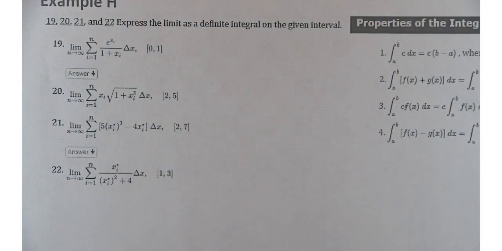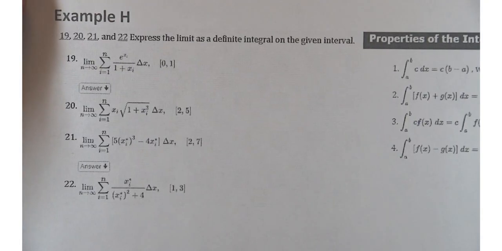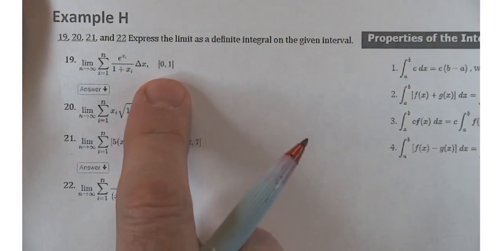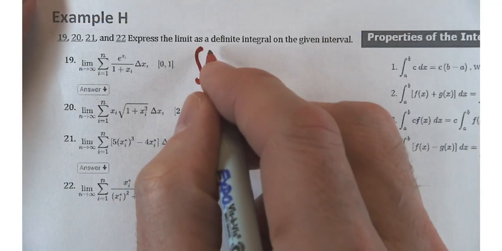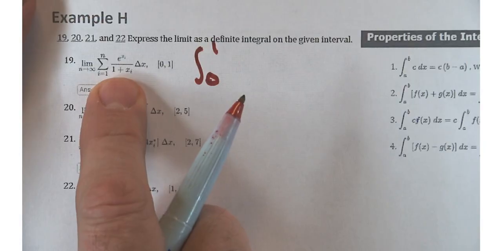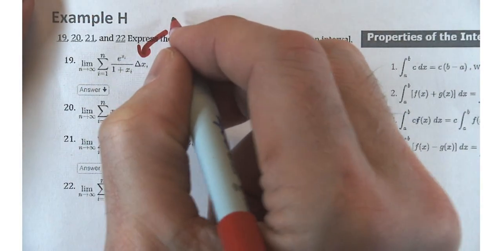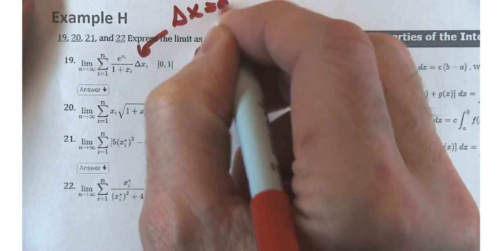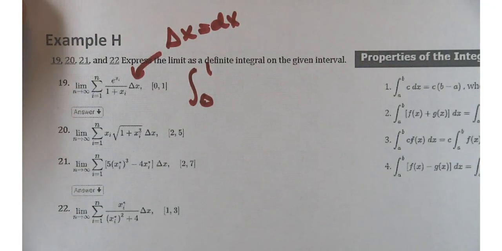Now they tell you the limits over which they're working. So this is going to be from 0 to 1. And this part here is going to be my function. Remember I mentioned this earlier, I reminded you that delta x and dx are the same. So I'm going to have a dx here.